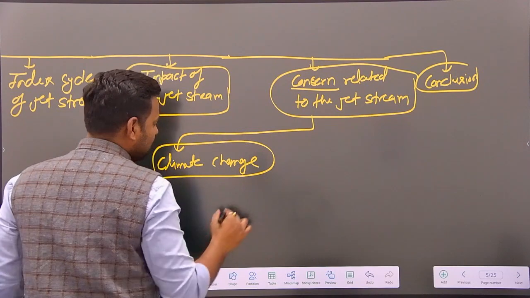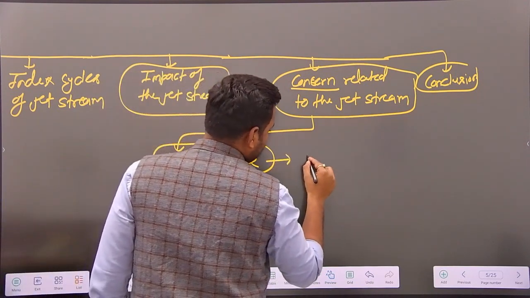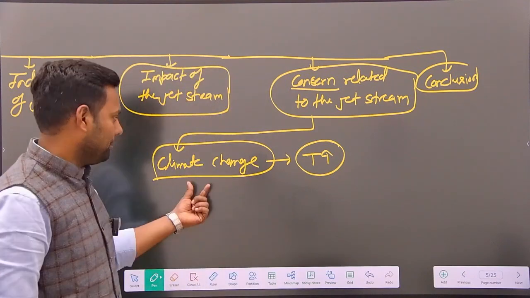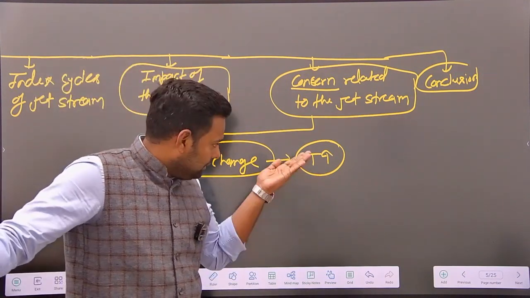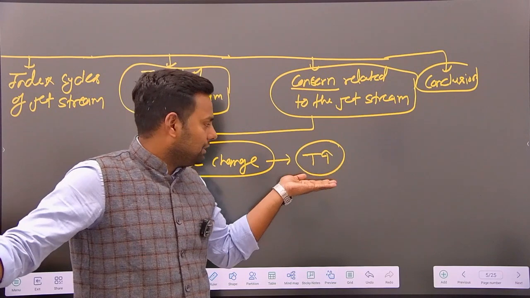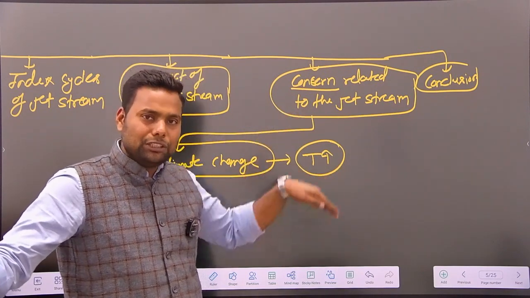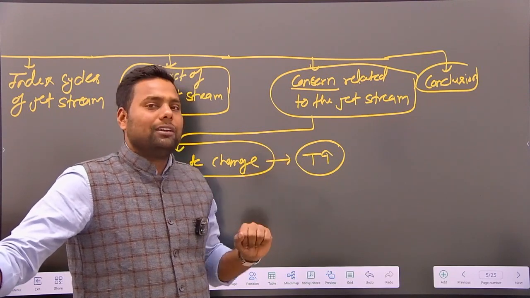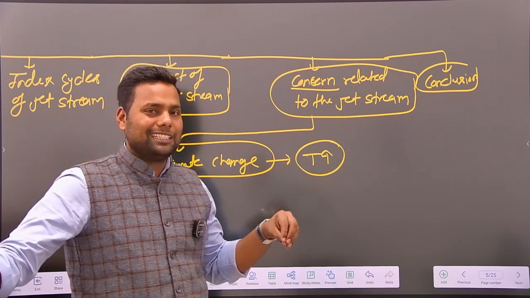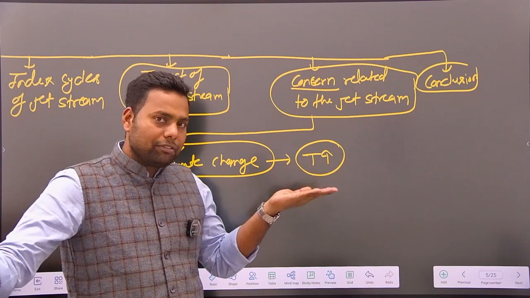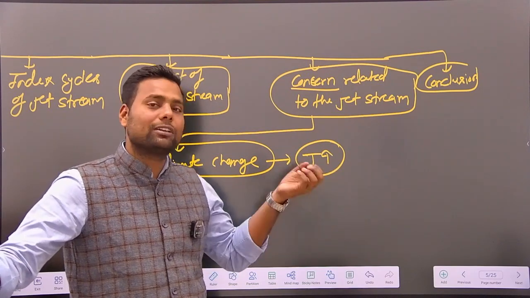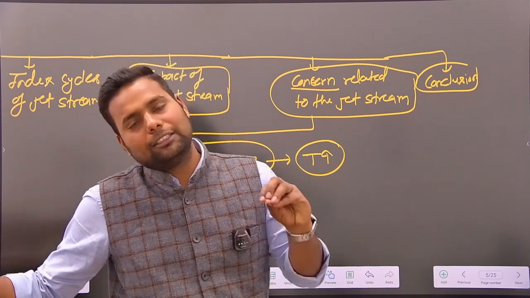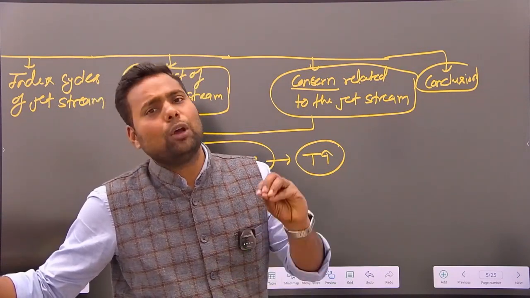Due to climate change, the temperature of the earth's surface is continuously increasing. Due to this, the thermal contrast has been lacking, the difference in air masses has weakened, and currently the jet streams are weakened.